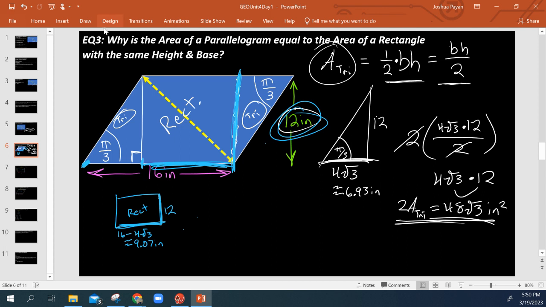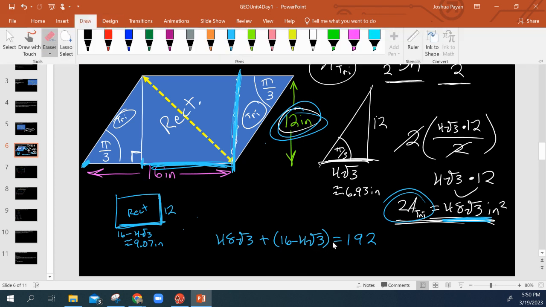So if I take the two triangles, 48 square root of 3, plus 16 minus 4 square root of 3, I arrive at exactly 192. And actually, I'm missing something.